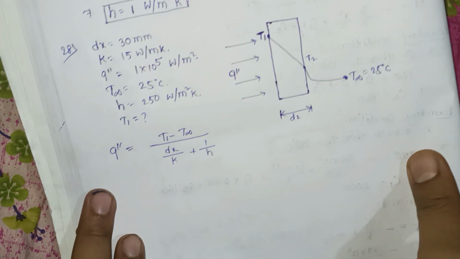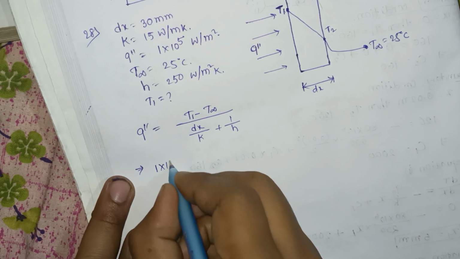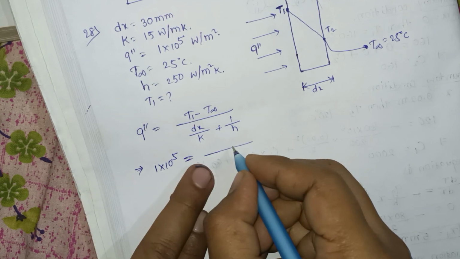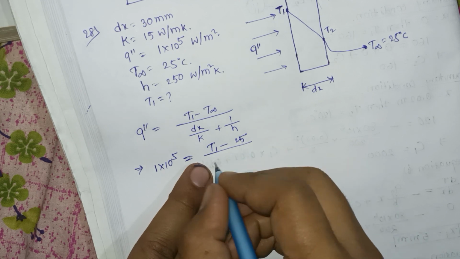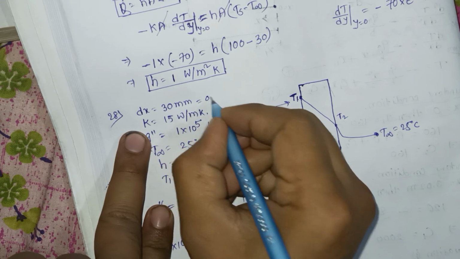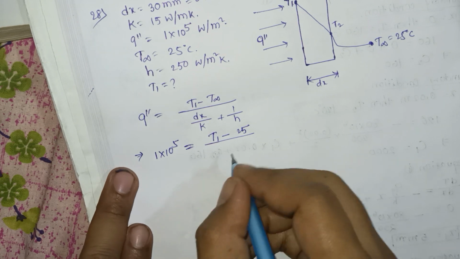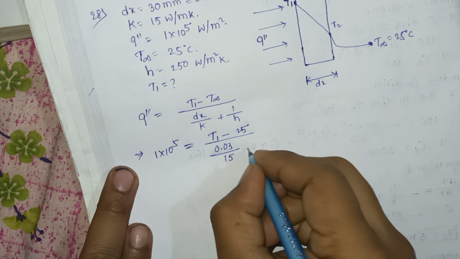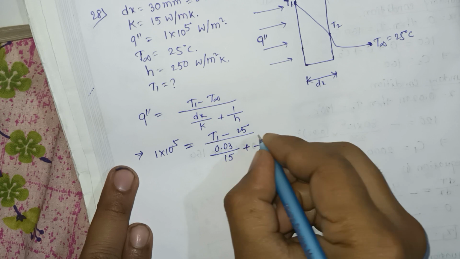If you apply and put this value, that is 1 into 10 to the power 5, that is equal to (T1 minus T infinity) by (dx by k plus 1 by h). What is the value of T1? T infinity is 25 degrees Celsius, dx is 30 millimeter, so 0.03 meter, k is 15, plus 1 by h, h value is 250.